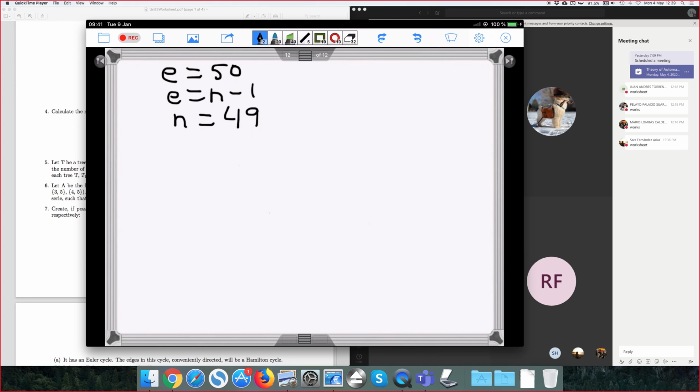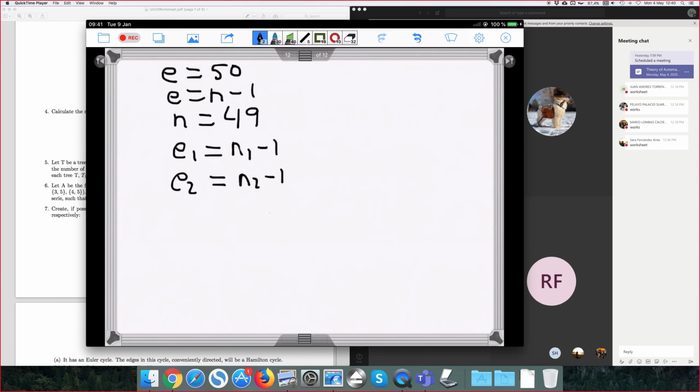So we are going to have edges E1 and E2, and since T1 and T2 are trees, we know that E1 is equal to N1 minus 1, and E2 is equal to N2 minus 1, because this is always true for trees.